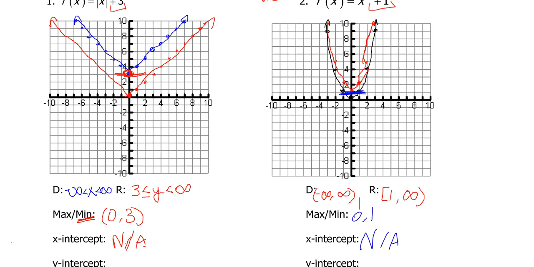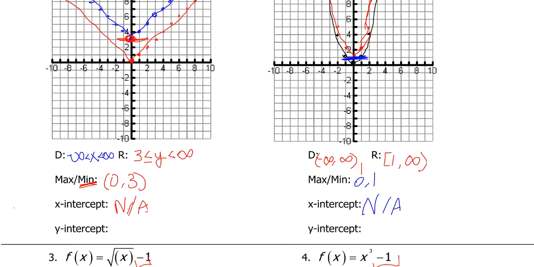But we do have a y-intercept that we need to log. And there we go. So the y-intercept is going to be 1, 0. Or not 1, 0, whoopsie, got that backwards. It's going to be at 0, 1. Okay, so moving along here. This one was 0, 3, by the way. So moving down on to the next problems.